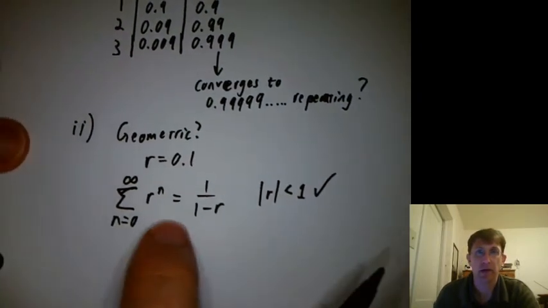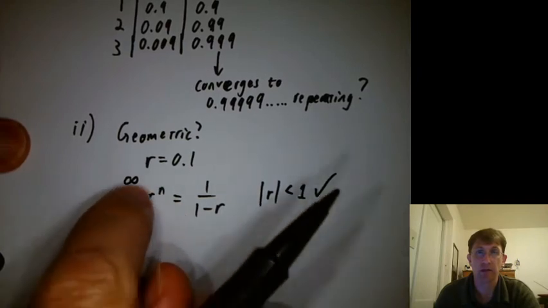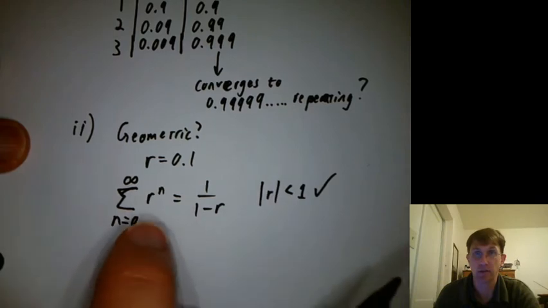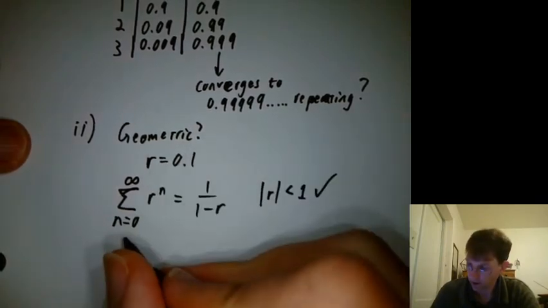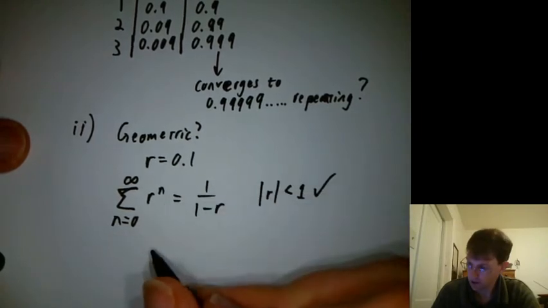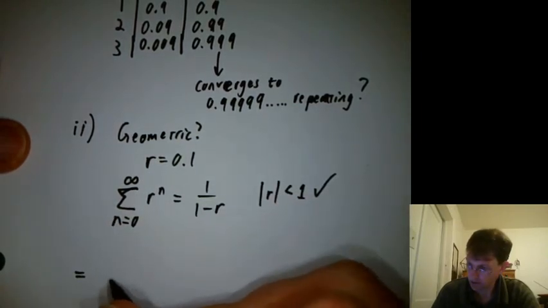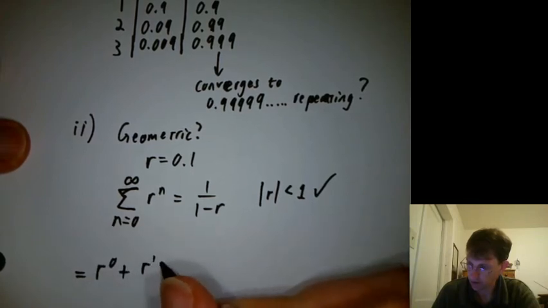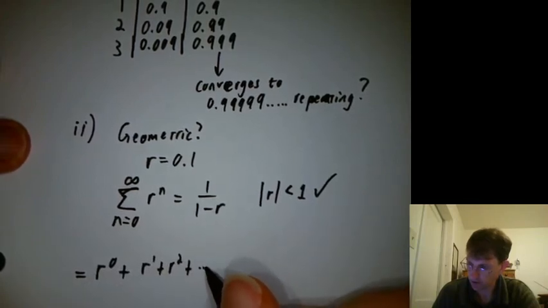But we don't have in the original problem n equals 0 to infinity, we have 1 to infinity, and we also have a 9 times, so we have to deal with that. Let's deal with the whole n equals 0 versus n equals 1. We can say that this is equal to r to the 0 plus r to the 1 plus r squared plus dot dot dot.